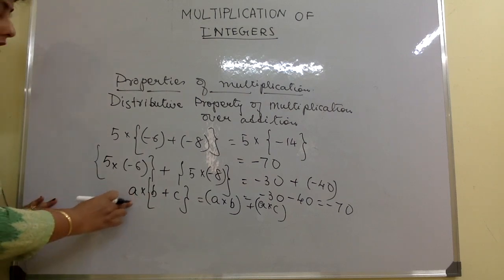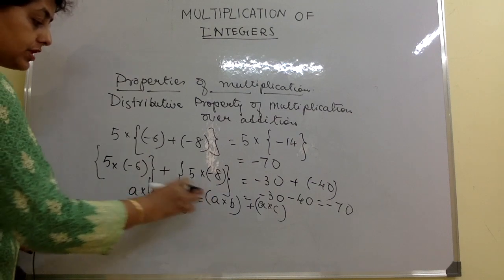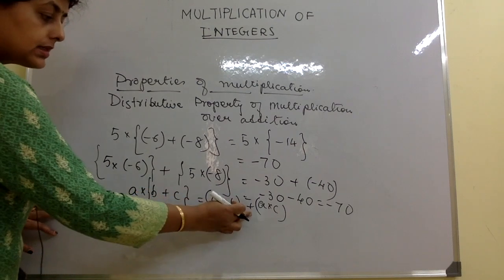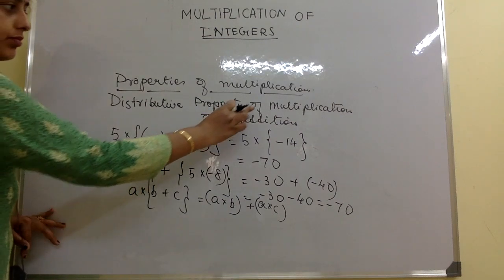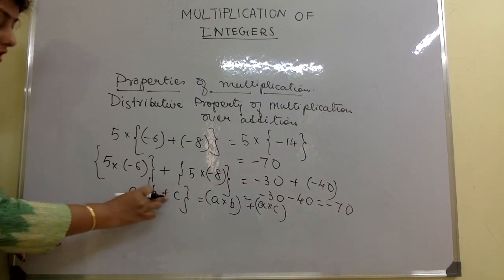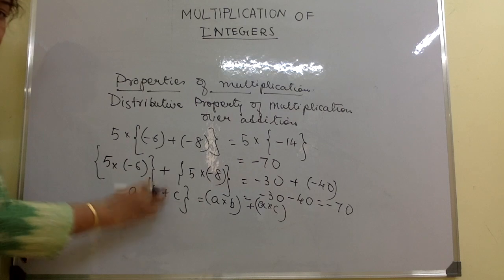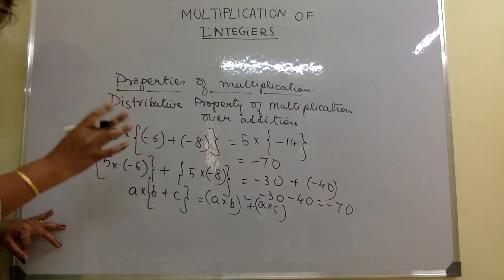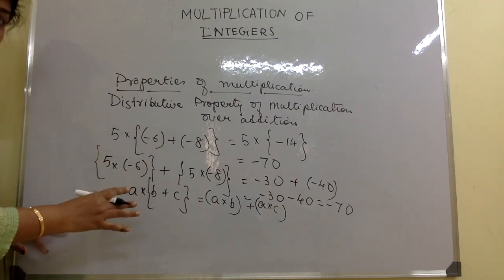So A into B plus C, now split it: A into B, and whatever sign you have here, that sign will come here. That is why we say multiplication over addition, because of this plus. If you have a subtraction sign here, we will say multiplication over subtraction. So this is what we know as the distributive property.